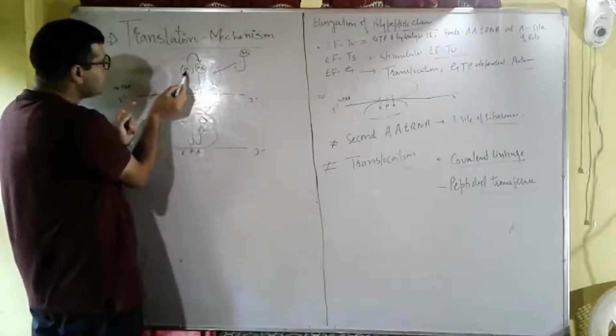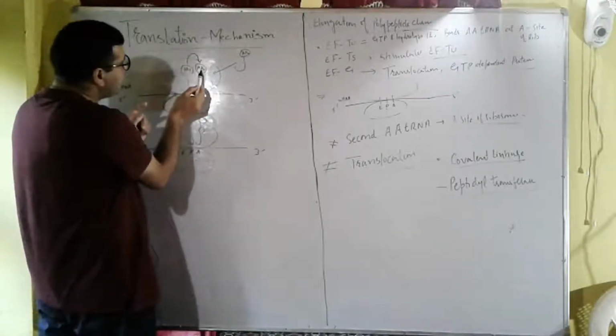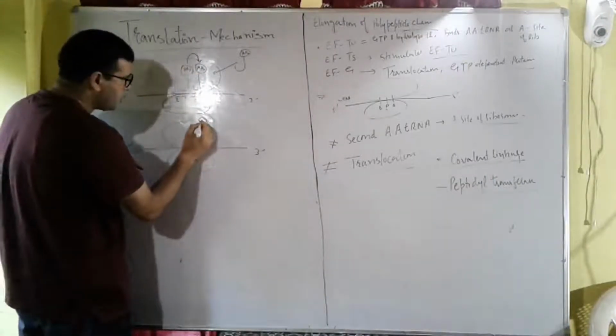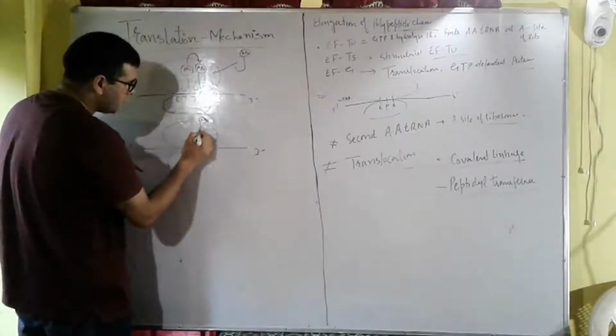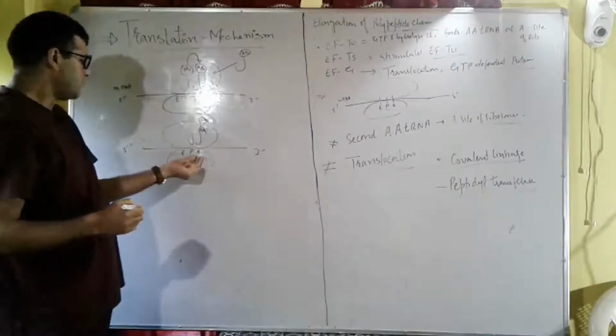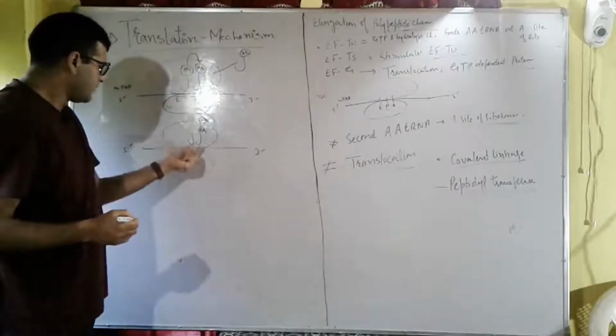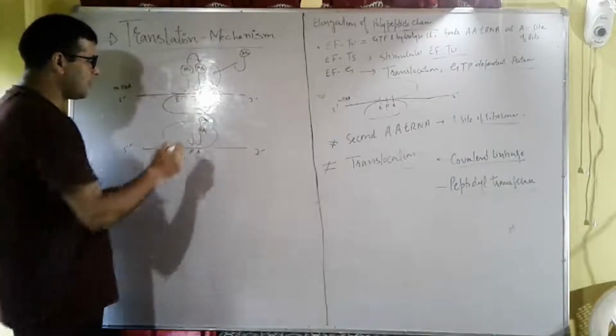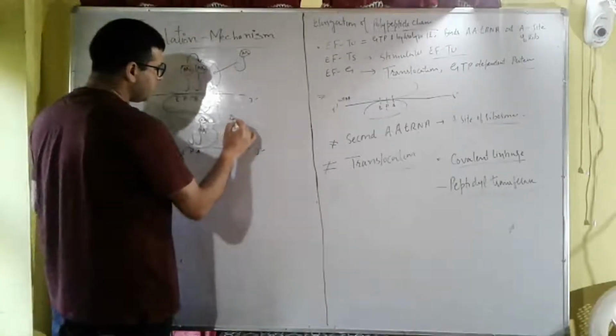That means this amino acid will get transferred to this tRNA which is present at the A site. It would be amino acid first, amino acid second. So now the tRNA at the A site has two amino acids, and these two amino acids are joined by what? Peptide bond.